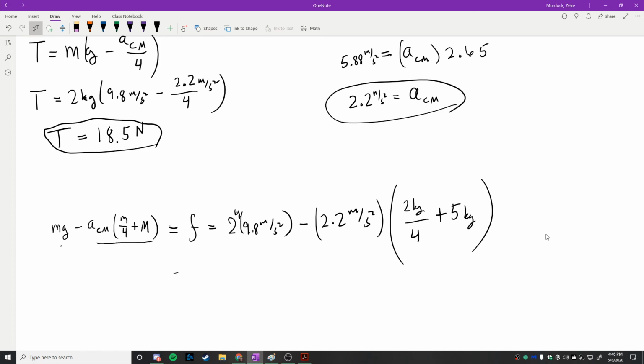So we end up getting that the friction force is equal to, you get 5.88? Is that what I'm about to, oh, 5.88 was from something else, wasn't it? Yeah, on the left-hand side? Okay. So now it's 2 times 9.8 minus 2.2 times 5.5. And this is 7.5.